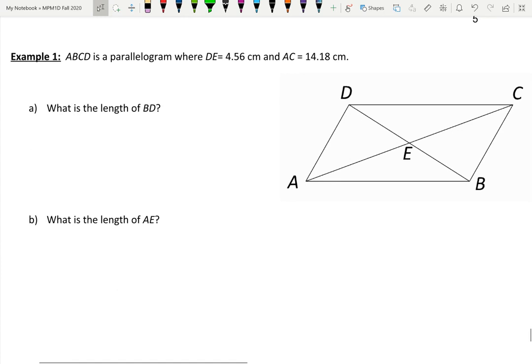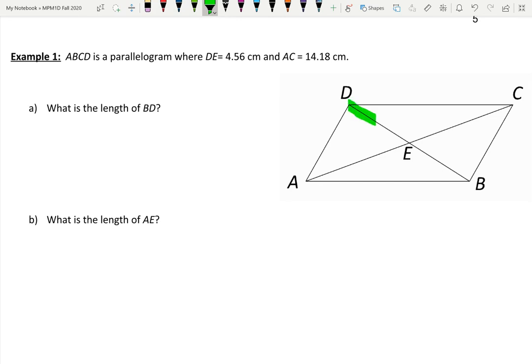Okay, last page. So ABCD is a parallelogram where DE is equal to 4.56 centimeters and AC is equal to 14.18 centimeters. What is the length of BD? Okay, so we know that BD is double the length of DE.